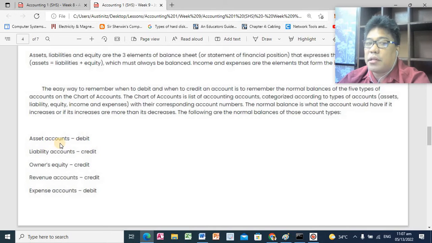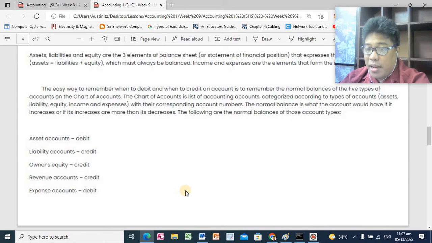Normal balance for asset accounts is debit. Normal balance for liability is credit. Normal balance for owner's equity is credit. For income, normal balance is credit. And for expense, normal balance is debit.